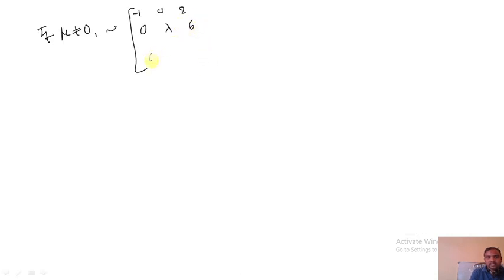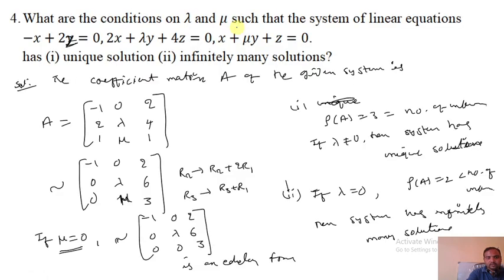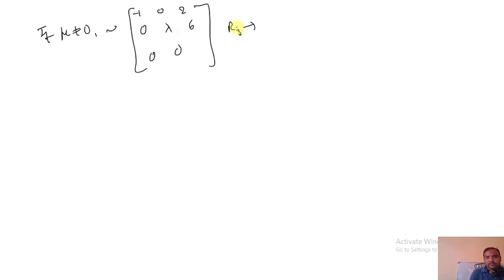Now you have to convert this term to 0. On R3, nu is already there, so you have to convert it to 0. Lambda R3 minus nu R2.